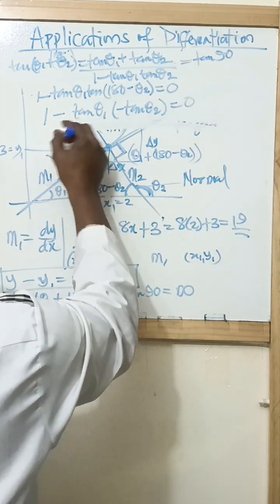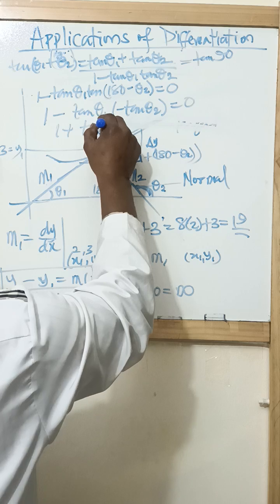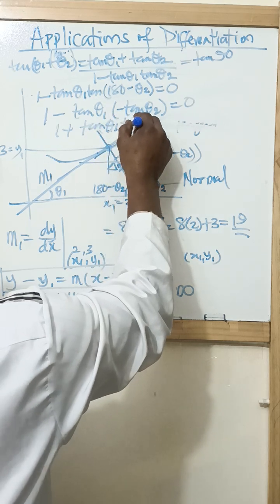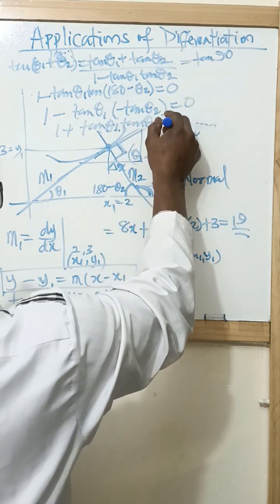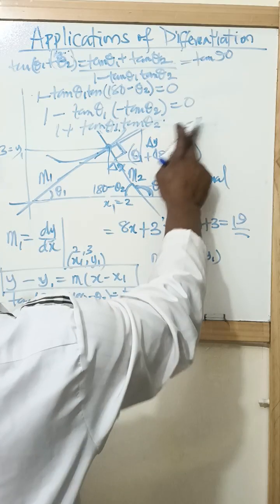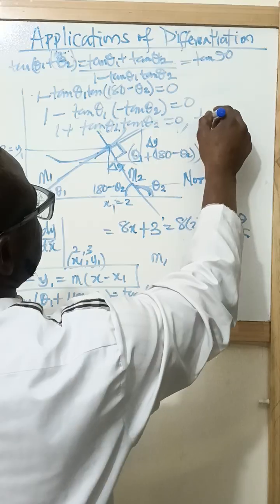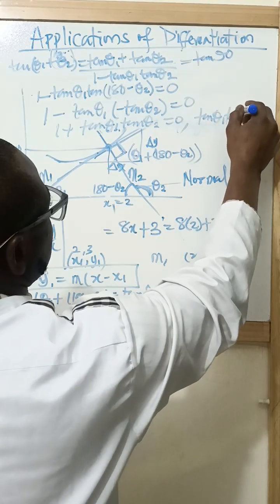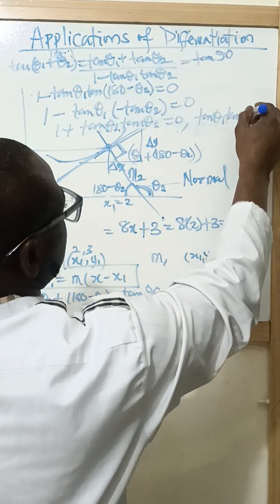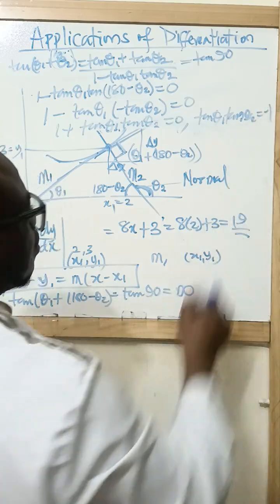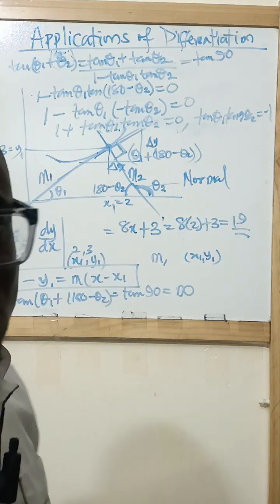So that will be 1 plus tan theta 1 tan theta 2 equals 0. From here now, tan theta 1 tan theta 2 is equal to minus 1.